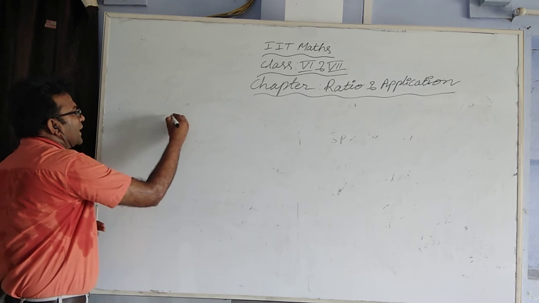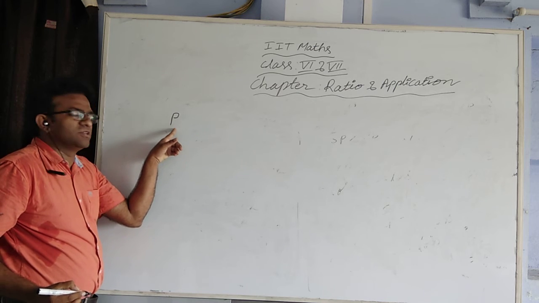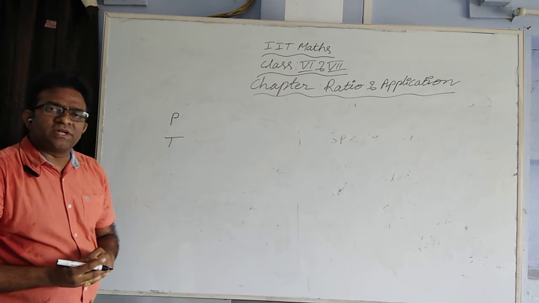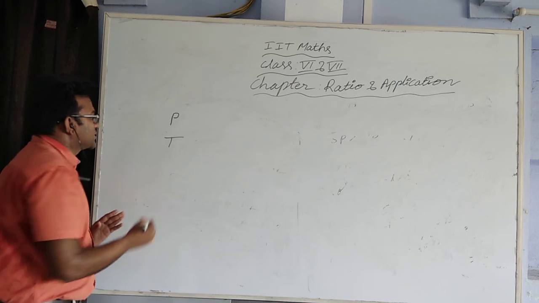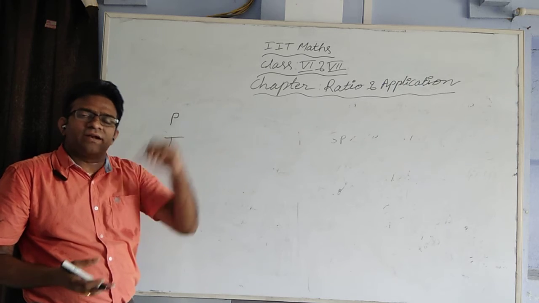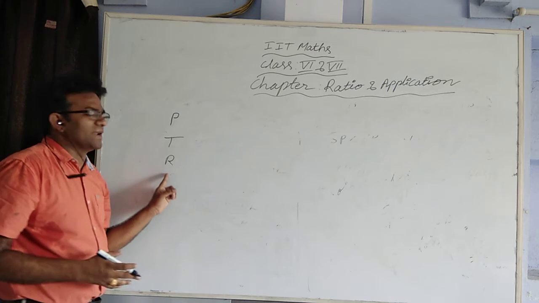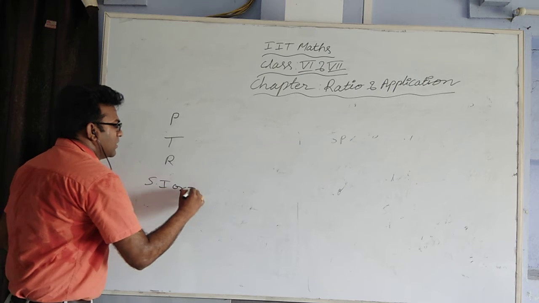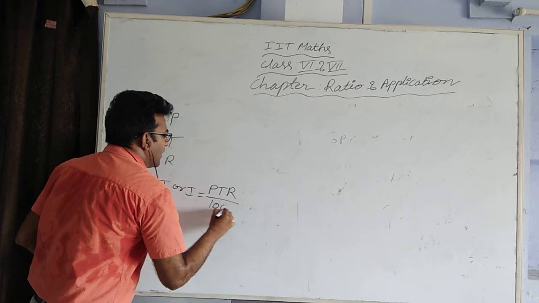The borrowing or lending of the money is the principal amount, which we represent as P. Time period we represent in years, T. R means rate of interest, the excess amount collected in the form of a percentage. So finally, simple interest is equal to PTR by 100.